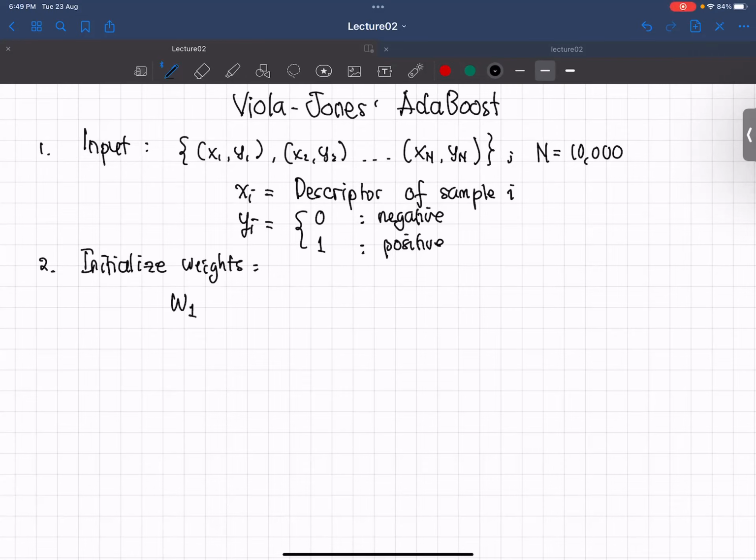One is the index of the time, the iteration. In this case, at initialization, the time here is 1. You can put 0, but in the lecture notes, I put 1 as the initialization of the time. And we have i, the index of the sample, the same as i here.